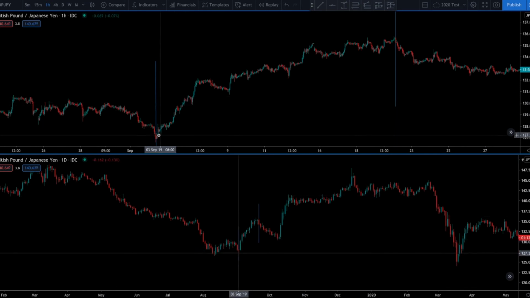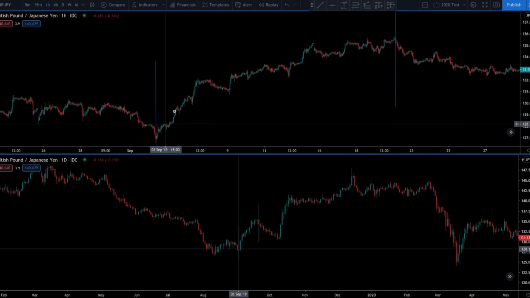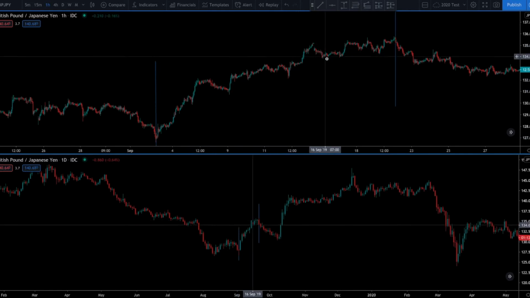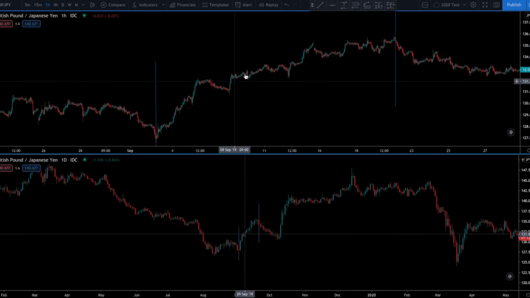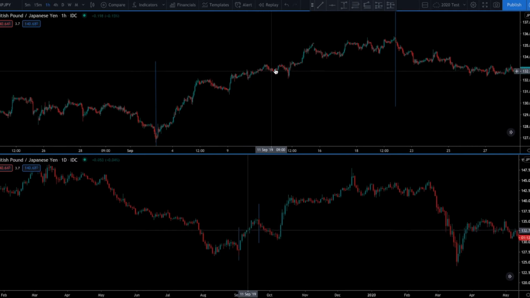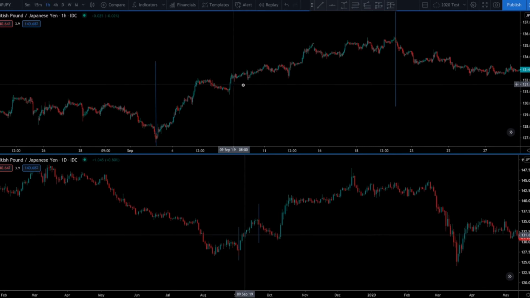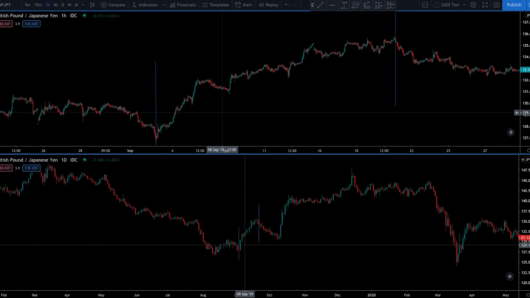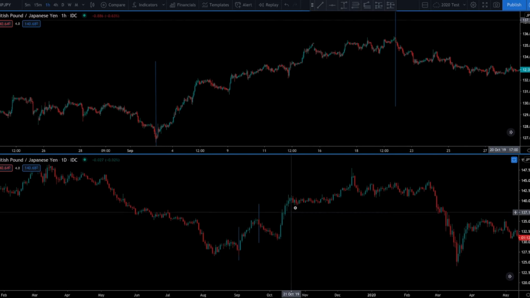So on this 1 hour, you can see run, pullback, run, pullback. You could say these are runs and pullbacks too. The lower the time frame it is, like this is a 1 hour, the choppier the price action is going to be. It's not going to be as clear as a daily chart.